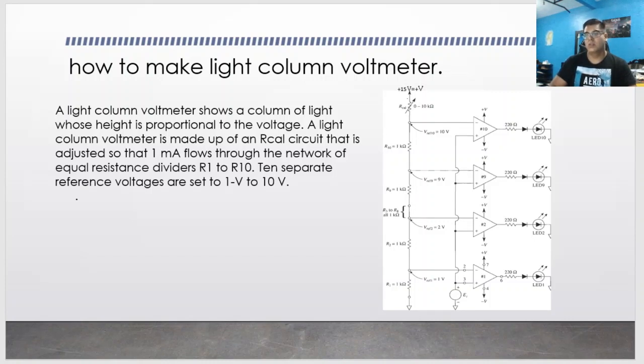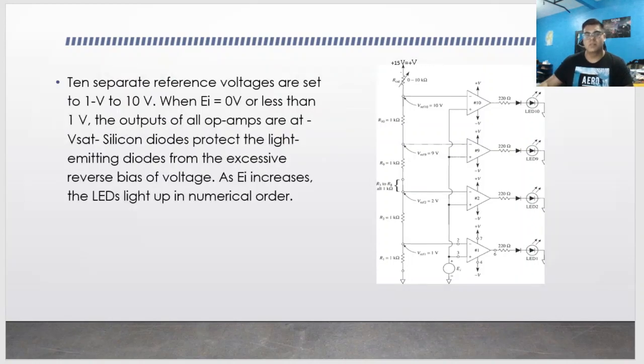A light column voltmeter is made of an RC circuit tested as usual, so 1 milliampere flows through the network of equal resistance dividers R1 to R10. Ten separate reference voltages are set, from 1 volt negative to 10 volts.